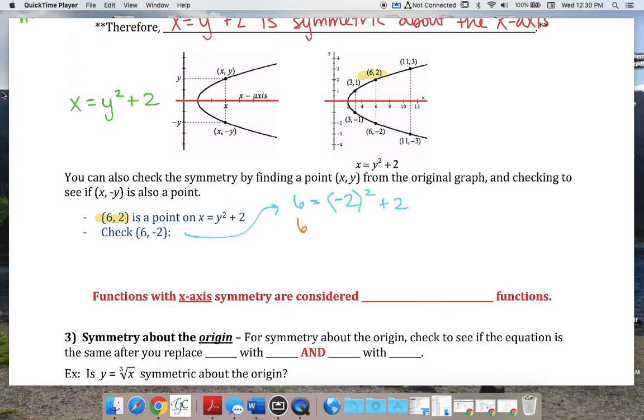Then negative 2 squared is a positive 4, and 4 plus 2 is 6. So we are left with the equation 6 equals 6, which is a true statement. And when we are left with a true statement, that tells us that this graph is symmetric about the x-axis.